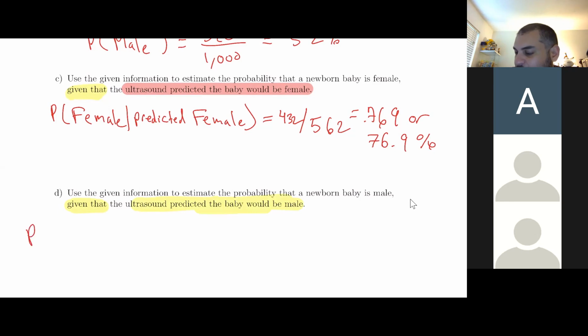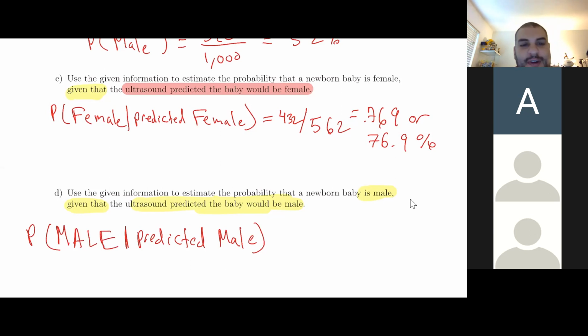So we're going to say probability, and the given is predicted to be male. And the first thing, they want to know the probability it actually is a male. So we want to find the probability a baby is a male, given that the ultrasound predicted that the baby should be a male. All right. Any questions so far on the notation?